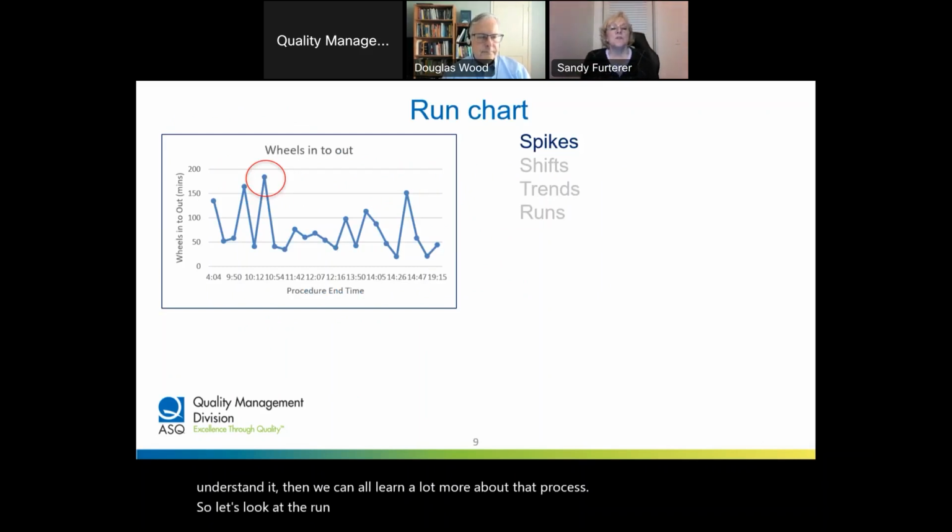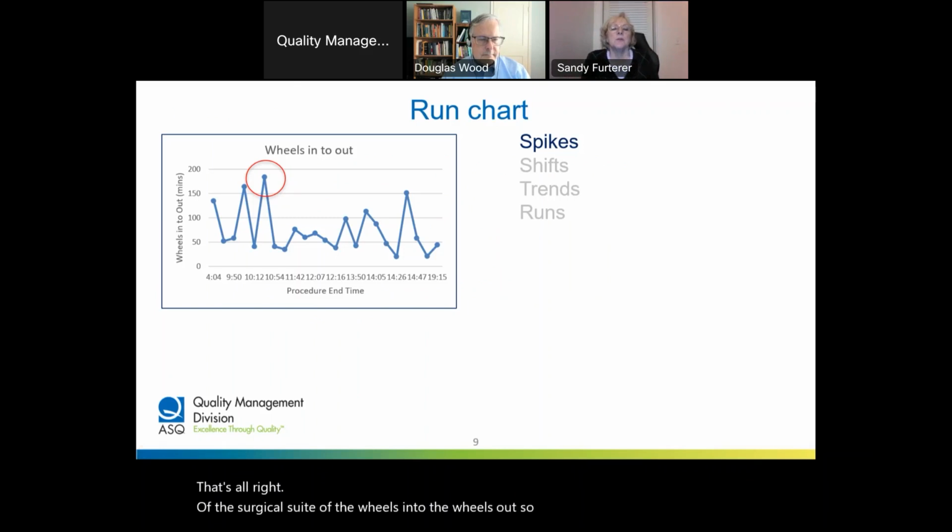So you notice we've just got this graphic of this metric over time. This happened to be in the surgical suite, of the wheels in to the wheels out.